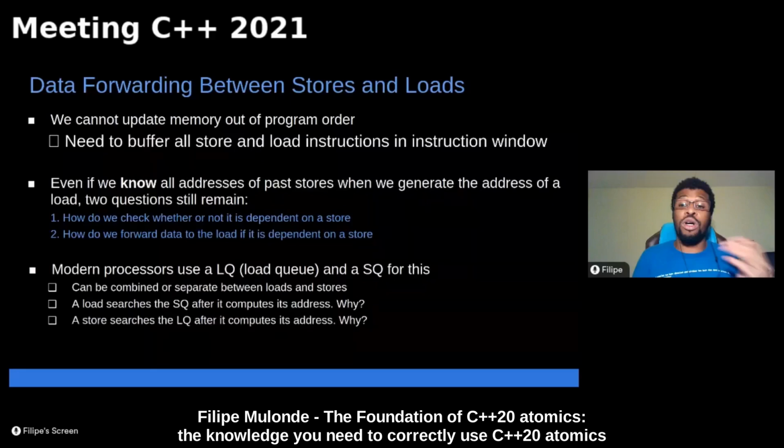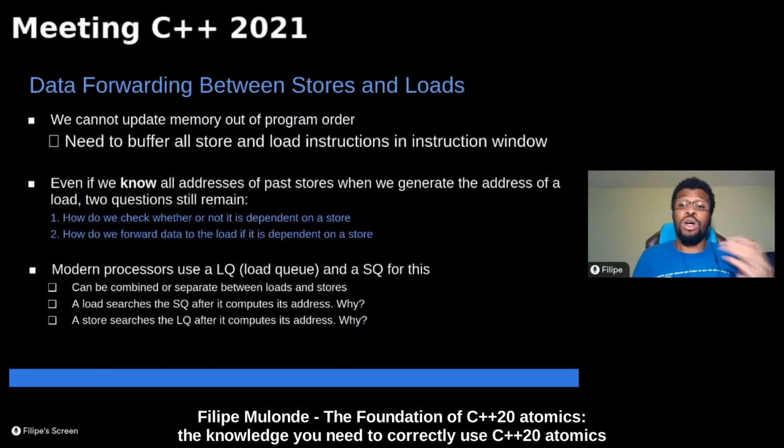A store searches the load queue after it computes its address. Why? So here we are assuming that we are using prediction to dispatch loads, right? If we predict that a load is not dependent on a previous store, we still need to check if it is true or not.